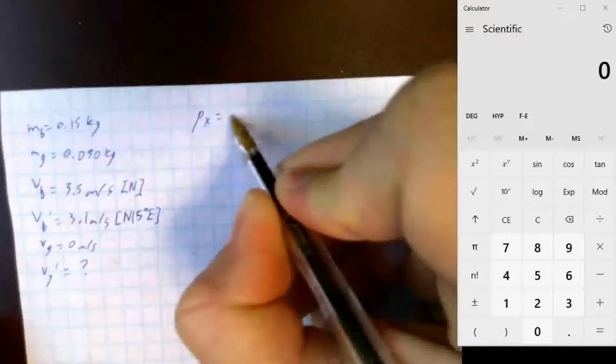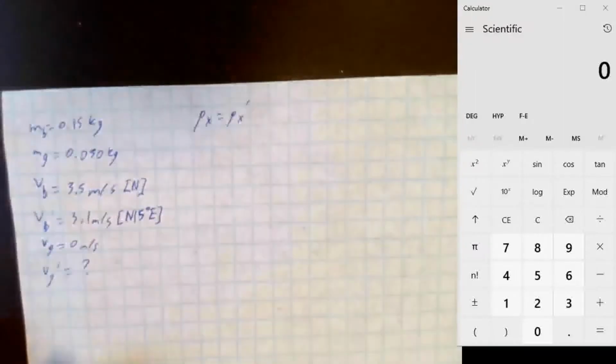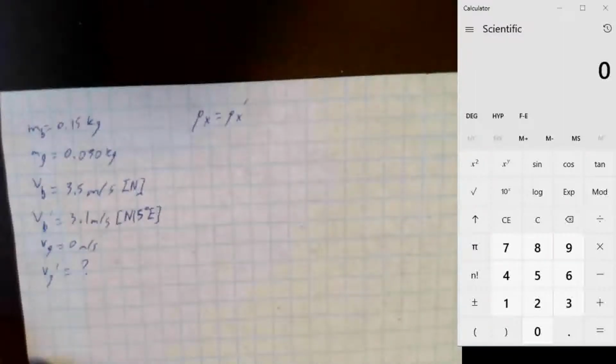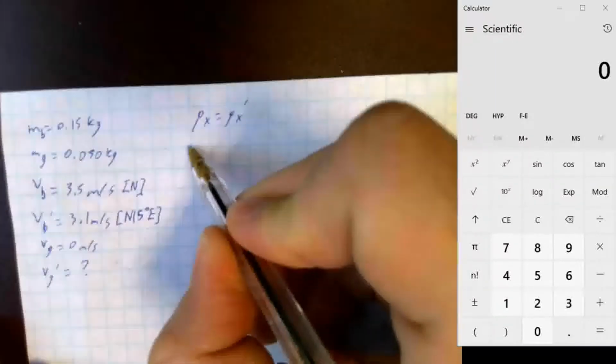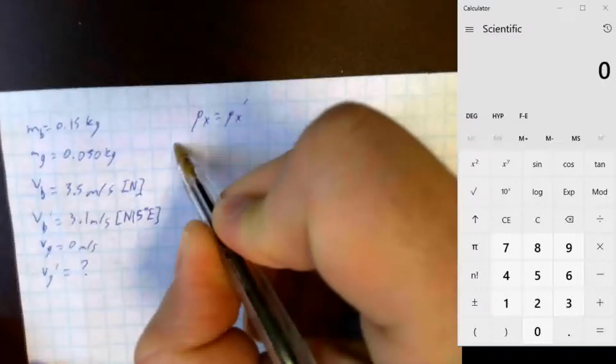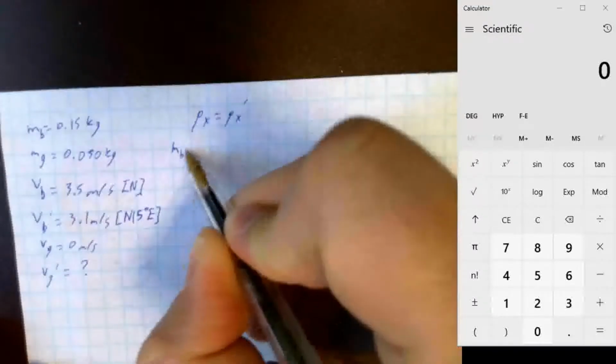So what we'll do here, it doesn't matter which one we start with, but we'll start with x. We'll find out the momentum of x before and after. So I'll write out everything and then I'll start canceling things out.